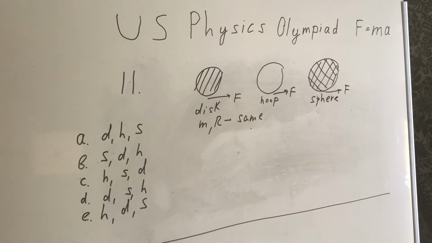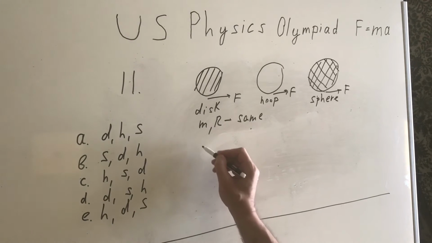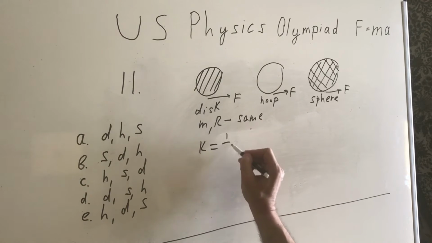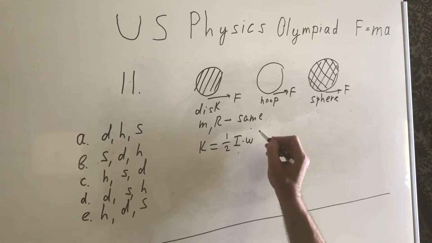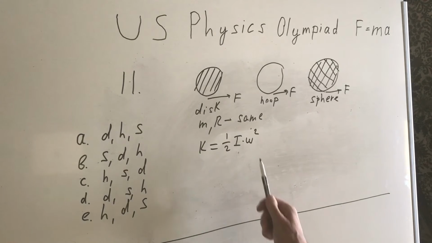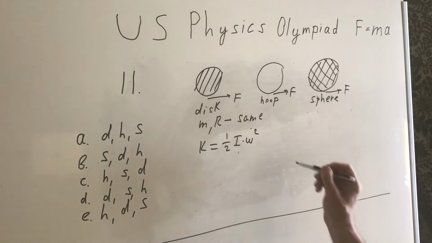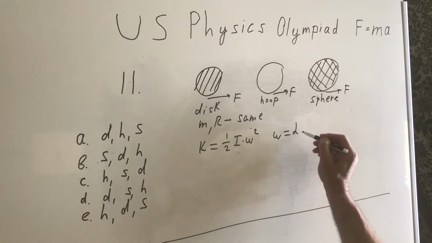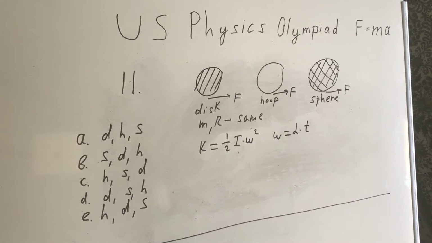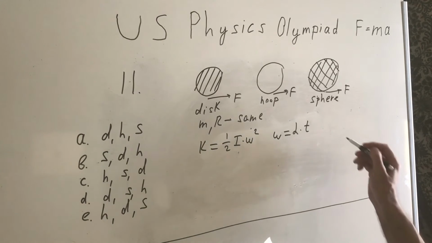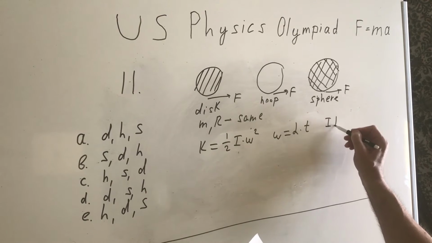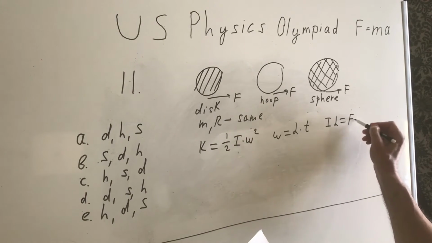So all three objects are in the same condition, so we can just compare their final kinetic energy. Kinetic energy equal 1/2 I omega square. So we need to find the expression for this kinetic energy. To find omega, that's angular acceleration multiplied by time. And the angular acceleration we can find from the rotational expression I alpha equal Fr.